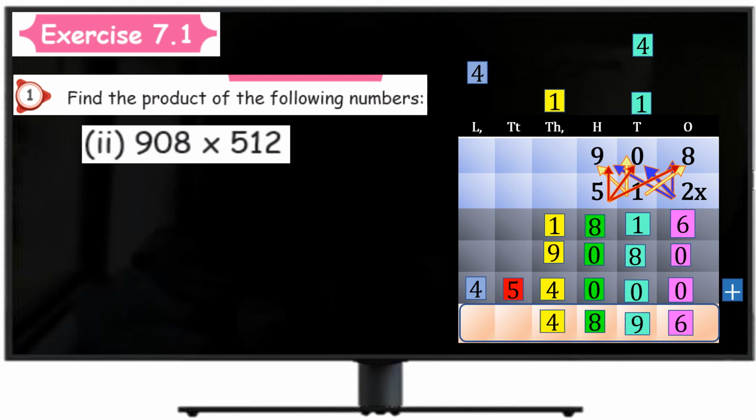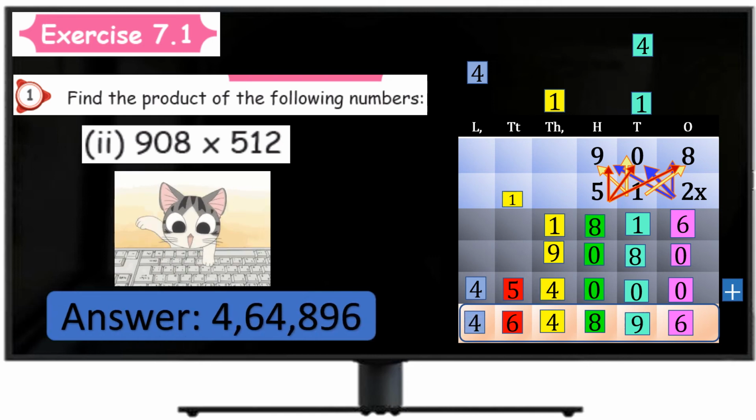So 4 should come down and 1 should be upon the 10,000 place. So 5 plus 1, sorry 6. So 6 should come down and 4 is the last number. There is no number to add. So bring down the 4. That's it. This is the answer. So 4,64,896.